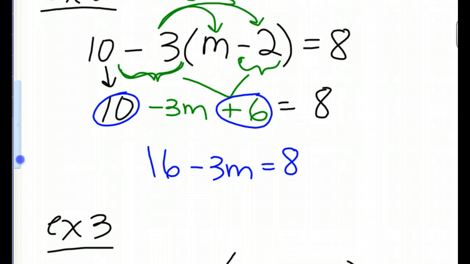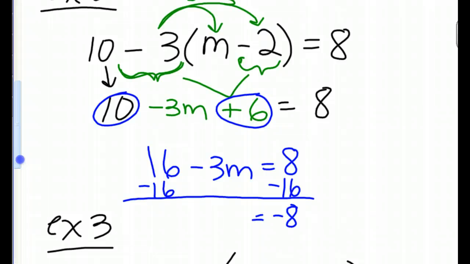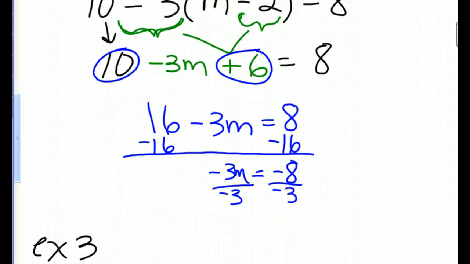So now we have a two-step equation. Once again, we minus 16 from both sides. A positive 8 minus 16 is going to give us -8 equals -3m. We divide both sides by -3. And notice here how we get a 1, as always. So we have m over here.